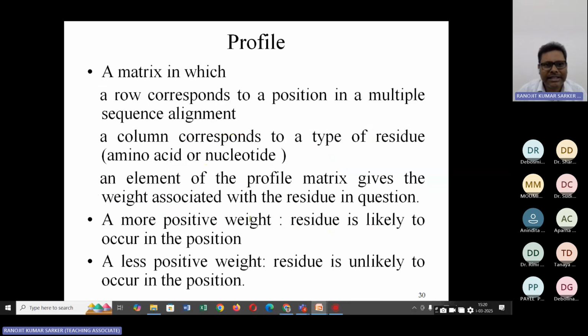Now we will see how motifs are designed or searched and positioned. There is a concept called a profile. What is a profile? A profile is a matrix. You know that a matrix has rows and columns.